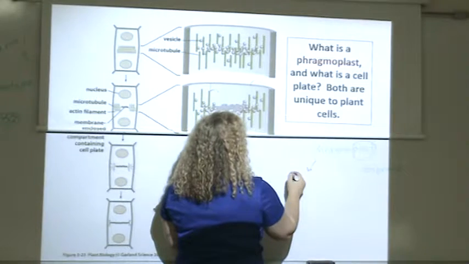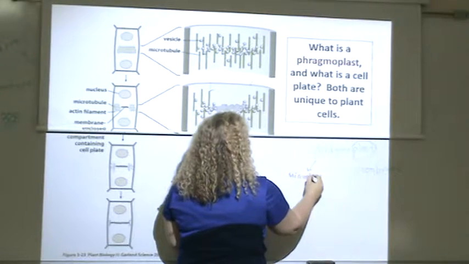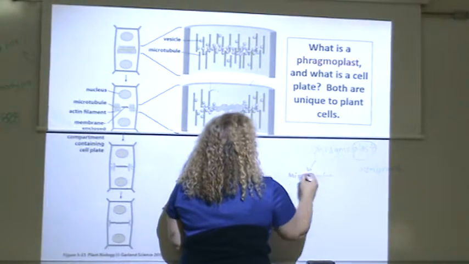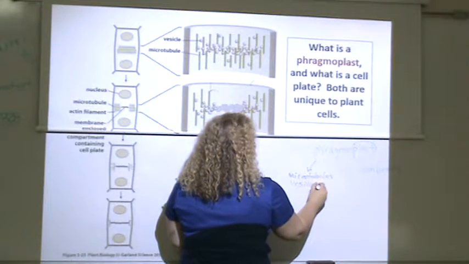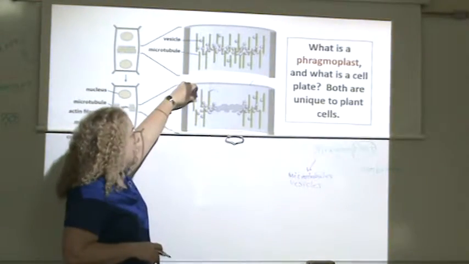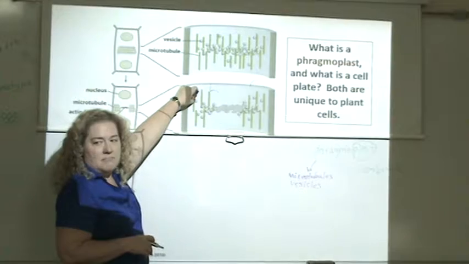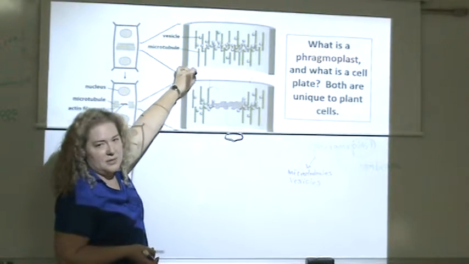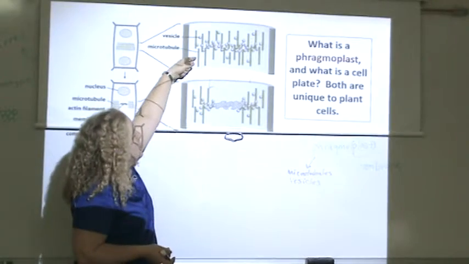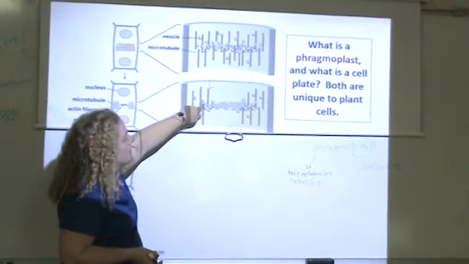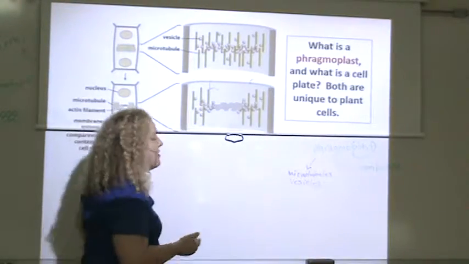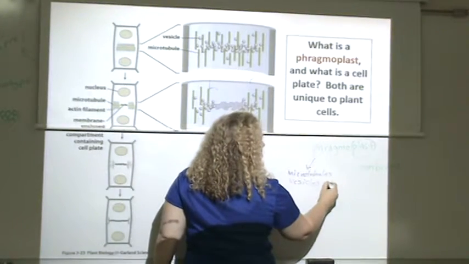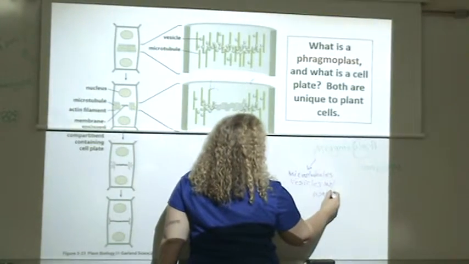So it's got microtubules in it, it's got vesicles in it, which are membrane-bound tiny compartments that can move along microtubules. So the vesicles have moved from the poles of the cell to the interior, and they are carrying wall cargo in them.